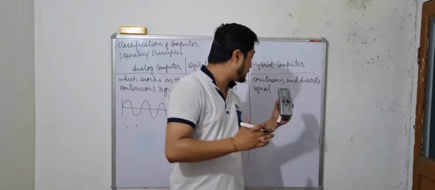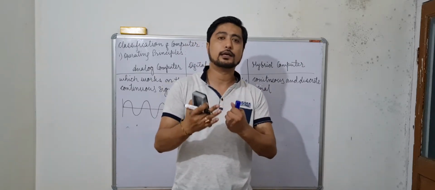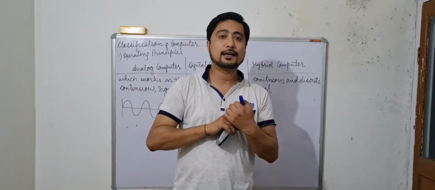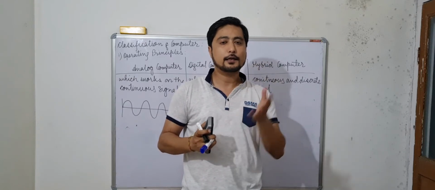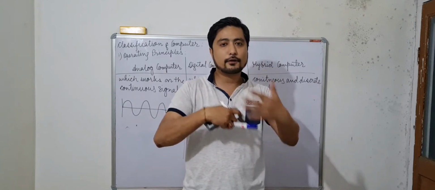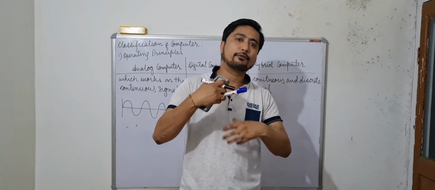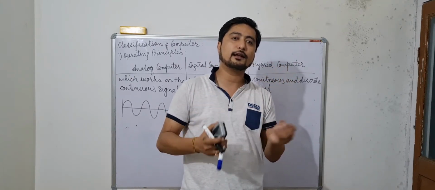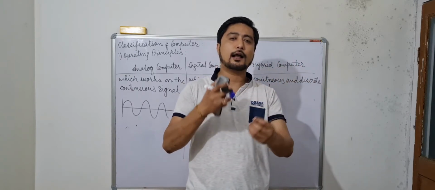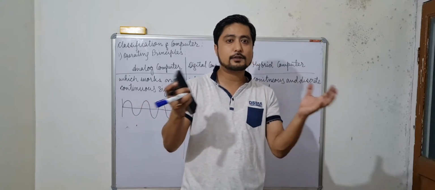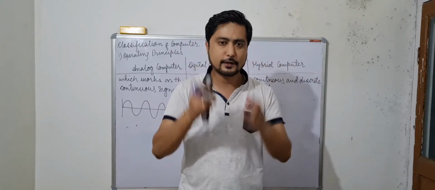In a hybrid computer, first it takes the analog input, that means the continuous input, and then after that the input will be converted into the digital form. So this is how the hybrid computer works. It uses both continuous and discrete signal.